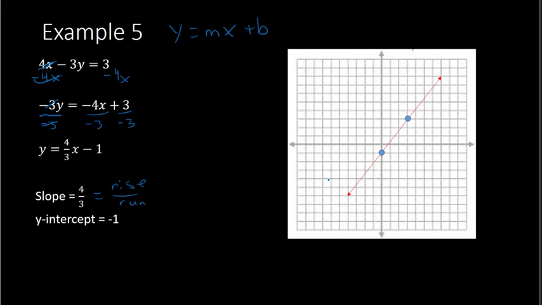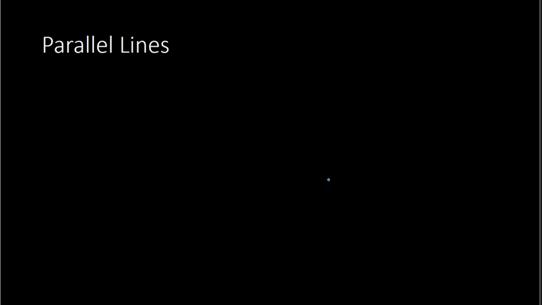Okay, now we have another concept, and that is with parallel lines and then with perpendicular lines. There is a relationship between the slopes of parallel lines and then of two perpendicular lines. So first off, we need to make sure that we understand what parallel lines mean. So parallel lines, by definition, are going to be two lines like this that never intersect.